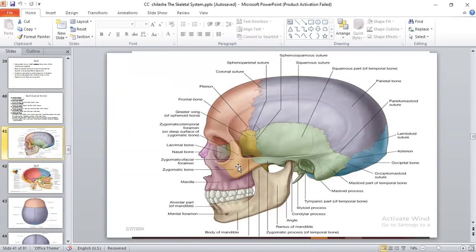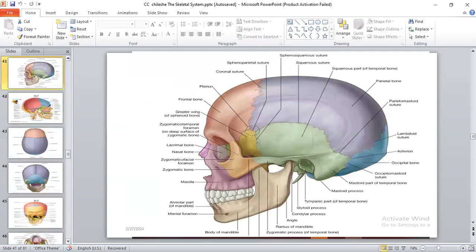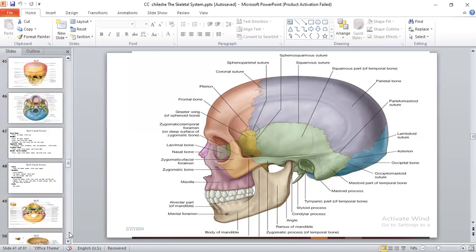For us ladies, these are the ones where we put blush, so our cheeks are looking pink in color, or maybe we put a highlighter or concealer so that our cheekbones can pop. Those are our zygomatic bones.